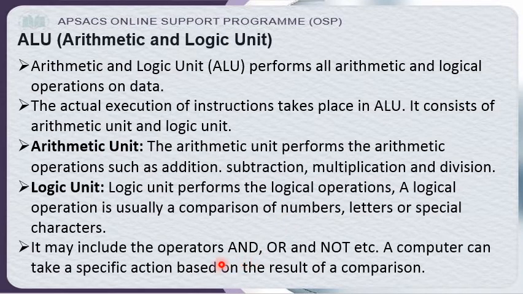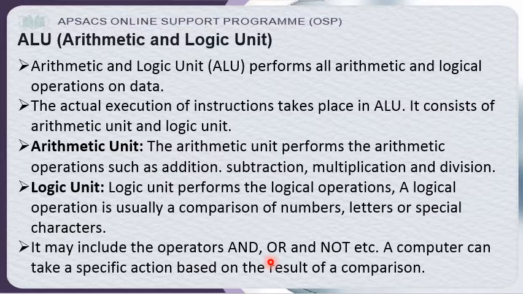It may include operations like AND, OR, and NOT. AND, OR and NOT are also logical operations. Where two operations are there, between them you use AND, or from the two, one is selected, so that is OR.